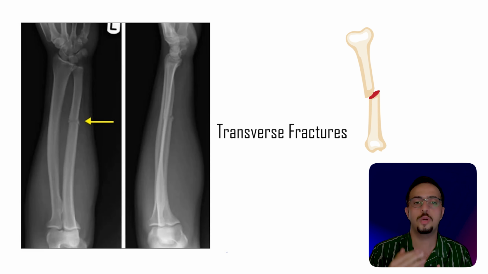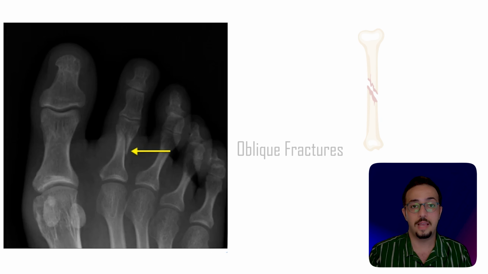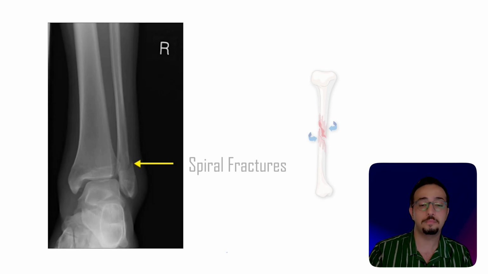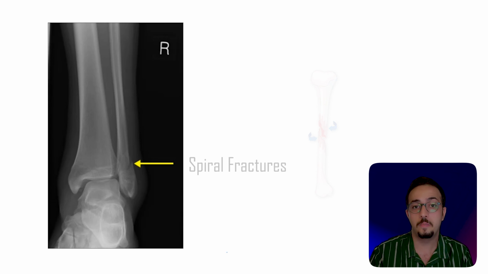So you have transverse fractures, where the line goes straight across the bone. Then we have oblique fractures, where it goes at an angle. We have spiral fractures, which twist around the bone like a spiral staircase.